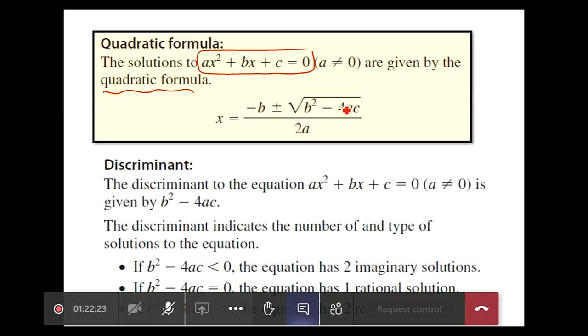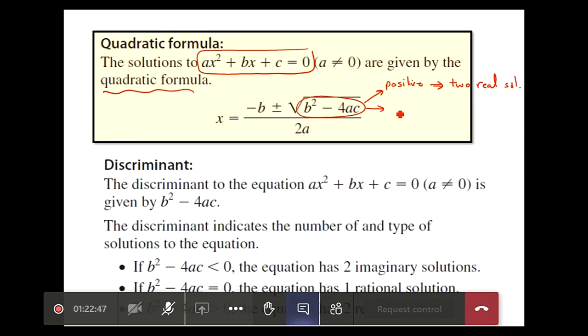This is called discriminant. If discriminant positive, we have two solutions, two real solutions.